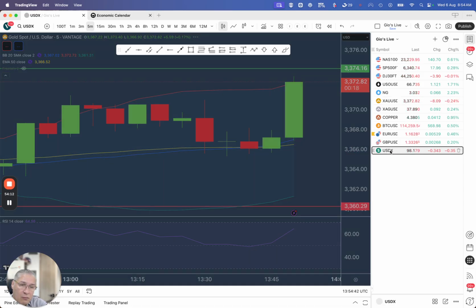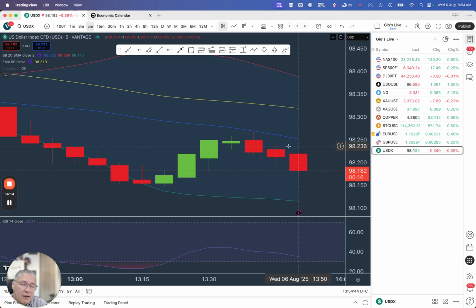I was analyzing that there is a correlation between the dollar index, metals, and the currencies, because that's how it basically is in reality with everything.